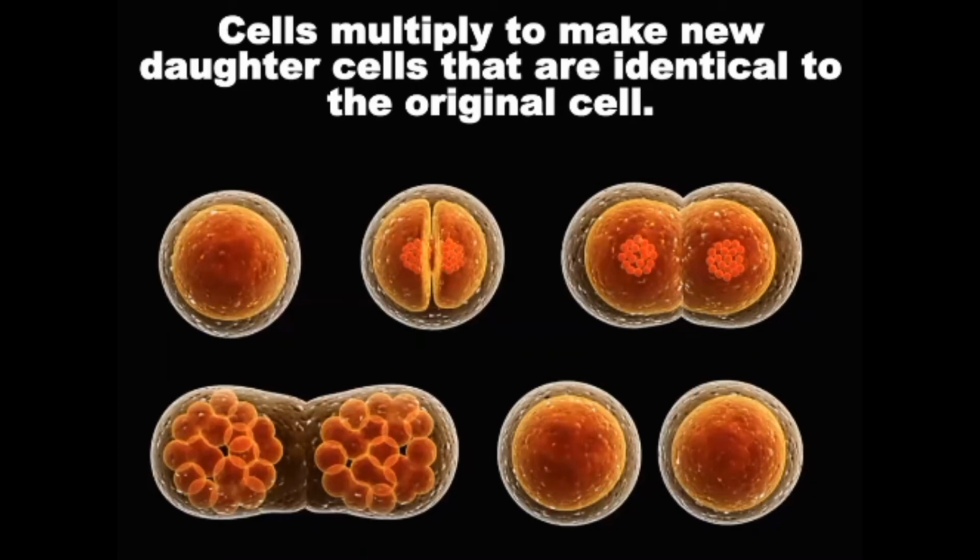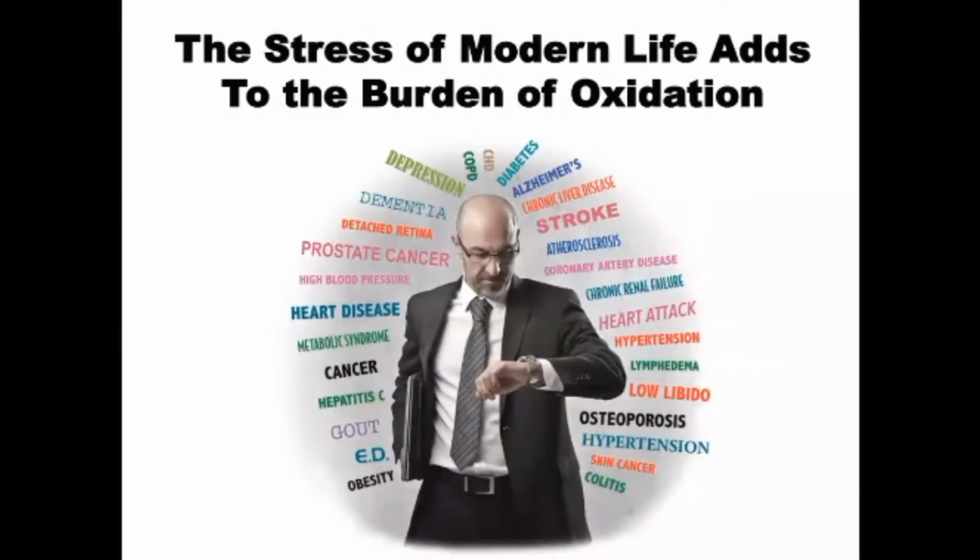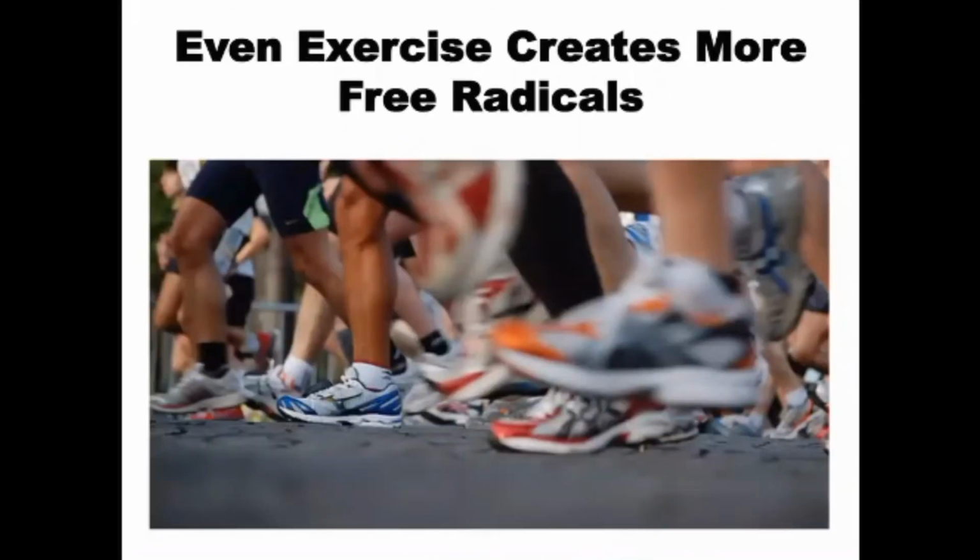Now, this does not happen overnight. This is a long process. And because we're constantly bombarded by free radicals in our everyday environment and through our own bodies, we have to keep up a vigilant fight, because the stresses of modern life add dramatically to the burden of oxidation and create all of these different kinds of disease processes.